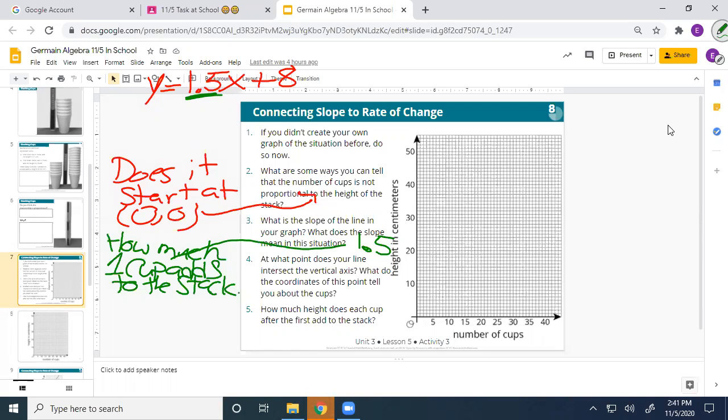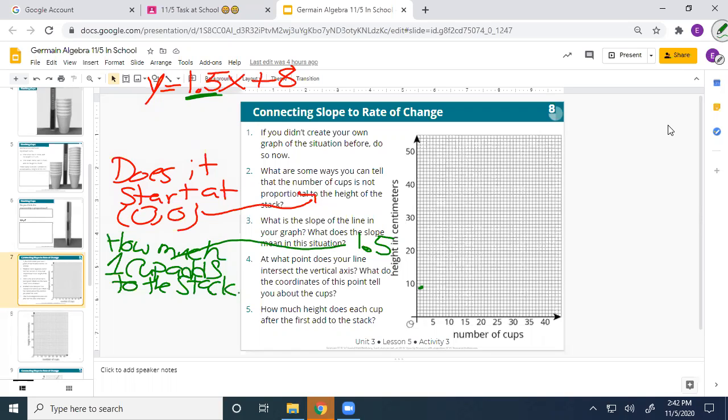The slope is how much we're adding each and every time. Good. So at what point does our line intersect our vertical axis? If you continue that line, we have this one point here.